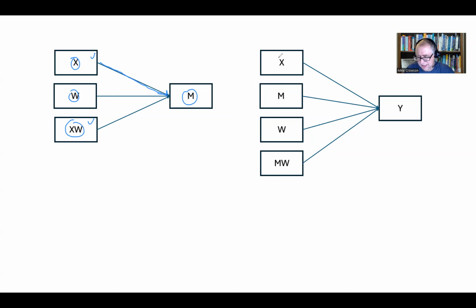Then when we look at our second model, we have X, M, W, and then the product of the mediator and the moderating variable. In this case, because we're including our interaction term, we're essentially stating that the effect of the mediator on Y varies across levels of the moderator, W.